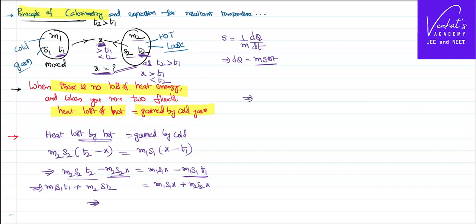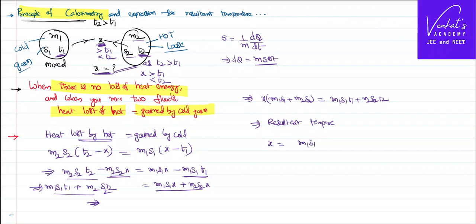So if I take X common on the left side, X times (m1 s1 plus m2 s2) equals whatever is remaining on the other side, m1 s1 T1 plus m2 s2 T2. That implies we can find the resultant temperature using the formula X equals (m1 s1 T1 plus m2 s2 T2) divided by (m1 s1 plus m2 s2).